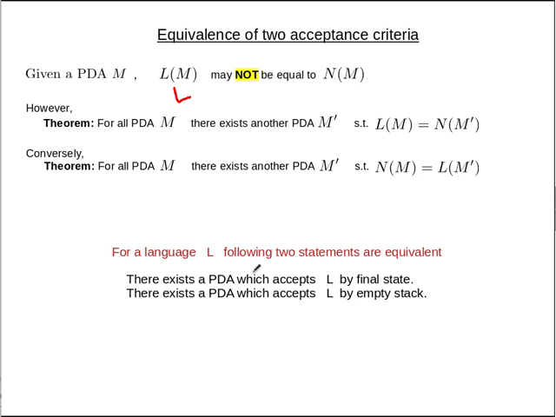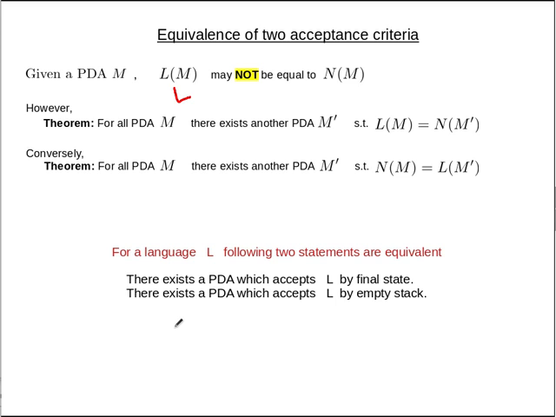So the equivalence comes in this form. These two statements are equal, that is, there exists a PDA which accepts L by final state and there exists a PDA which accepts L by empty stack. So these two statements are equivalent because if there exists some PDA which accepts L by final state, then there also exists some other PDA which accepts L by empty stack and vice versa.